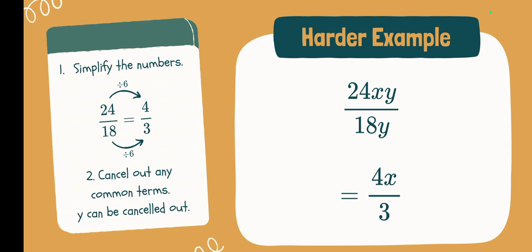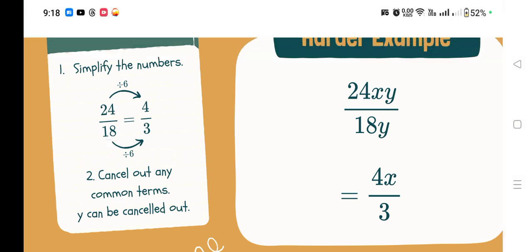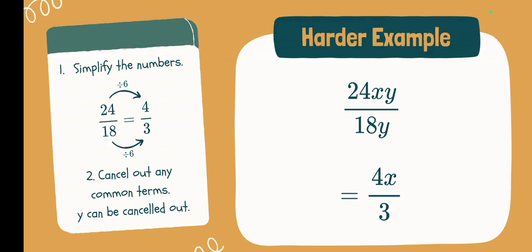In division form, we will simplify the number. We will cancel out all the common factors between these two numbers, 24 and 18. You can examine that 18 and 24 both appear in the table of 6. That is, 6 3s are 18 and 6 4s are 24. So you will be dividing both the numerator and denominator by 6.